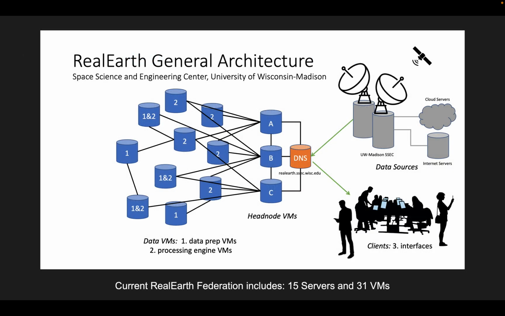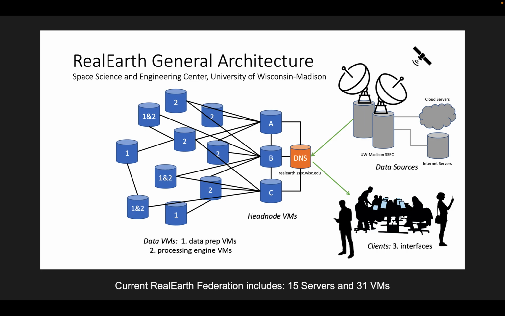And we use a lot of hardware and software to do that. This is kind of our general architecture. We're up to about 15 servers now running 31 VMs. This is essentially a federation. So we have a head node, which is in orange there, that is addressed if you just went to realearth.ssec.wisc.edu, and then it fans out to the different sources.